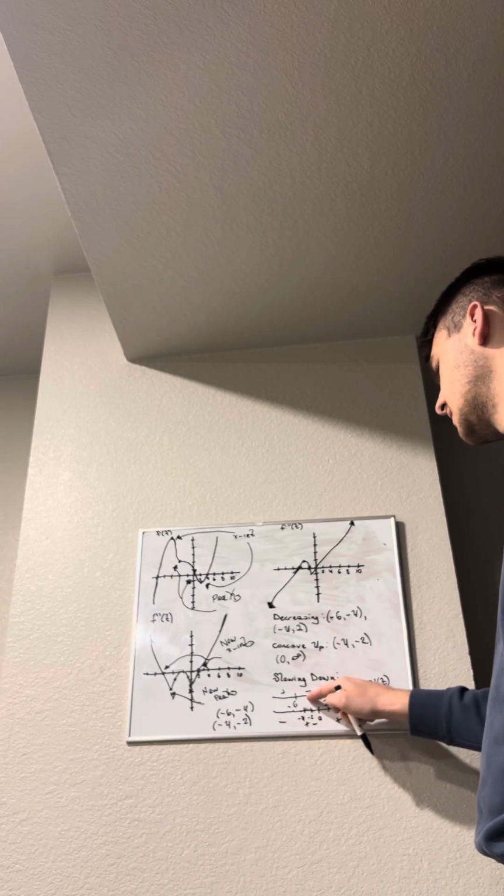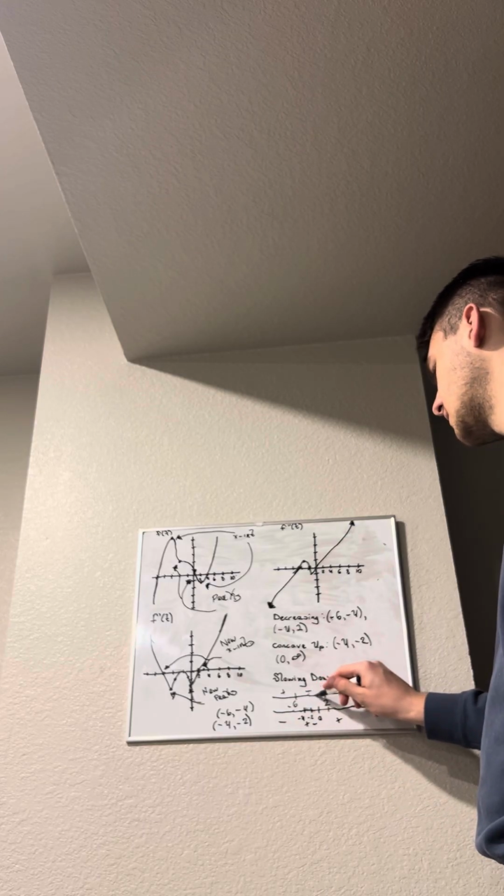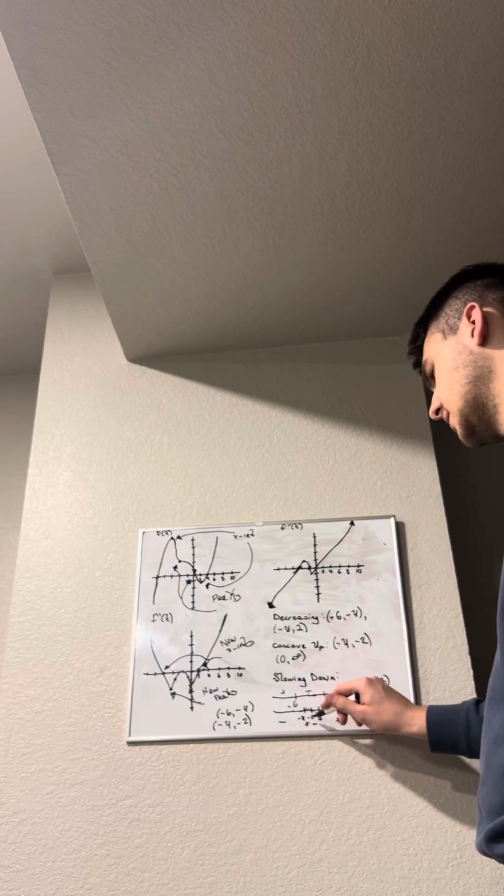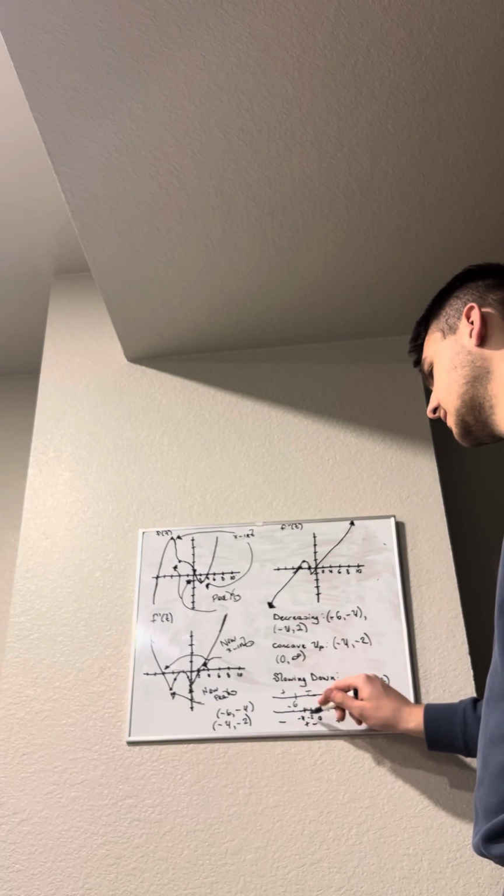There's a negative above here, and then there's a positive right in between -4 and -2. So given that they have two different signs, it means that it would be slowing down.